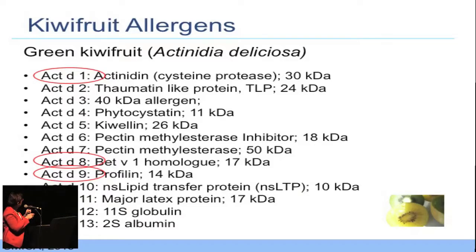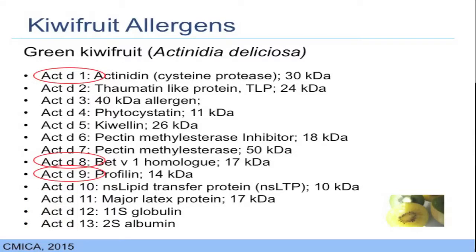That's why I want to concentrate here on Act d 1, actinidin, which is a cysteine protease and which is special for the kiwi fruit. And then again, we have these old familiar guys, the Bet v 1 homologue and the profilin, Act d 8 and Act d 9. We also have the lipid transfer protein, which is a relevant allergen in the peach, but it does not seem to be that relevant in the kiwi fruit as we know so far.